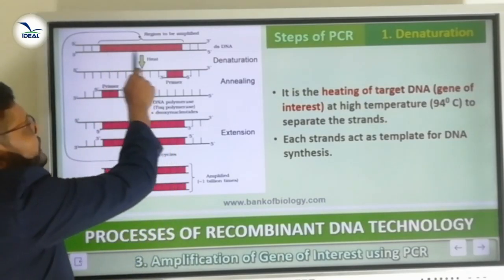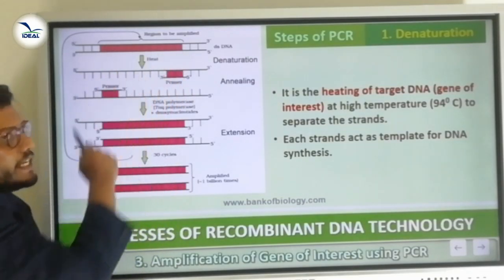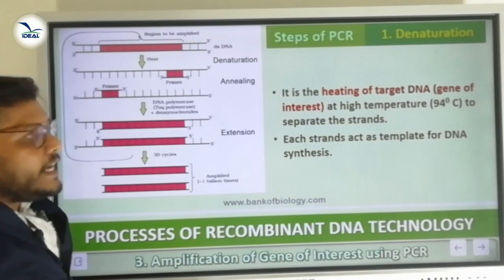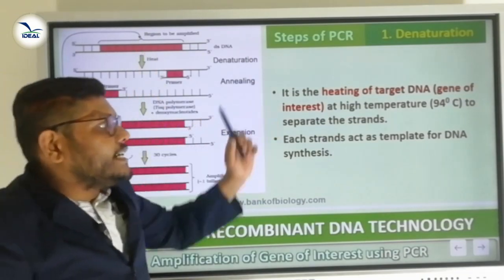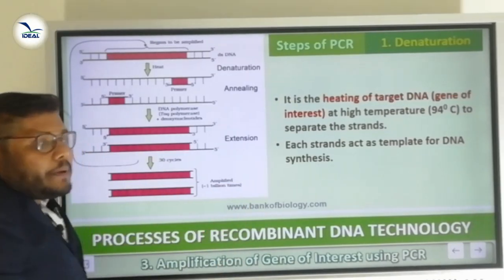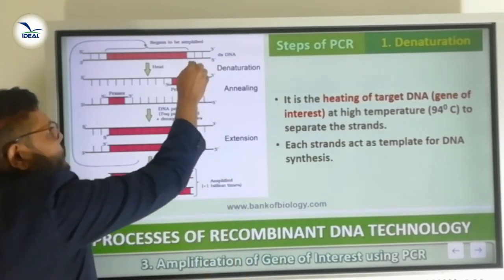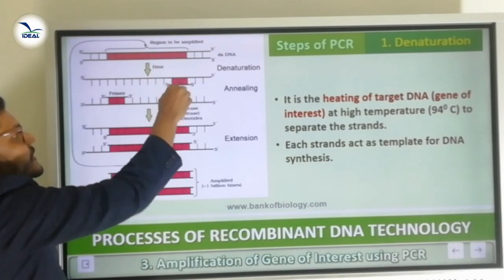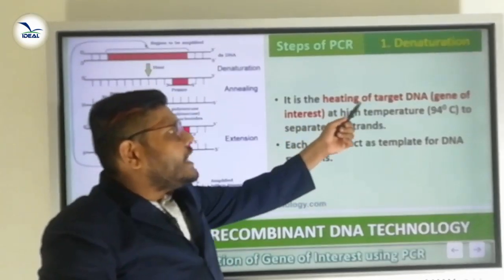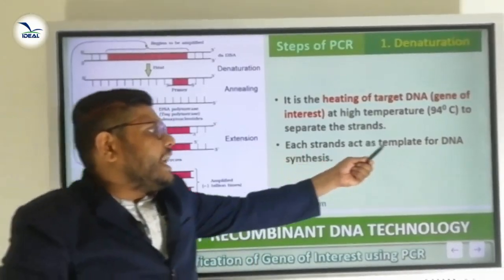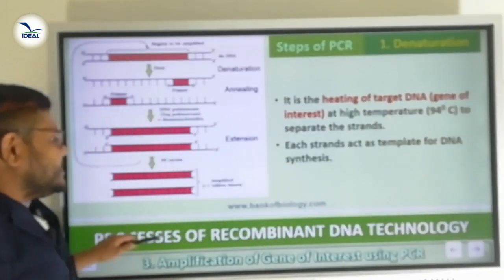This is the template DNA, double-stranded DNA. First, that template DNA is heated at a high temperature. Because of that heating, the double-stranded DNA is separated to form single-stranded DNA. That process is called denaturation. Each strand acts as a template for DNA synthesis.